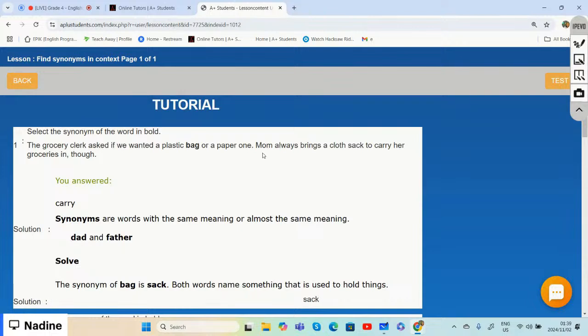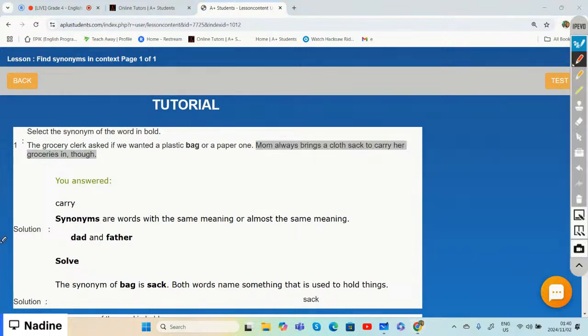You need to look at the sentence and find it somewhere in that sentence. Choose a word in the next sentence.